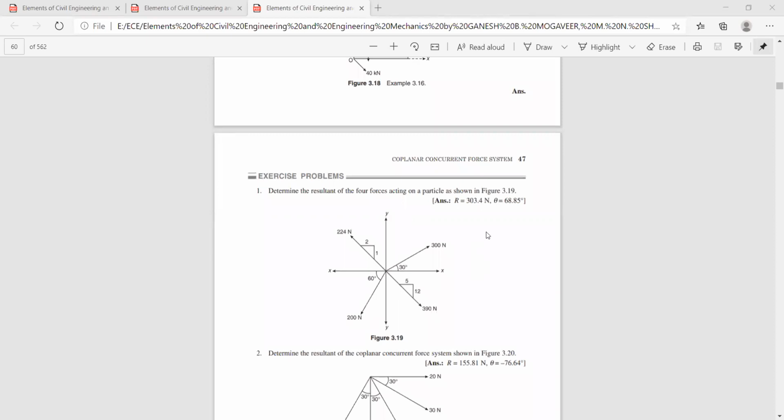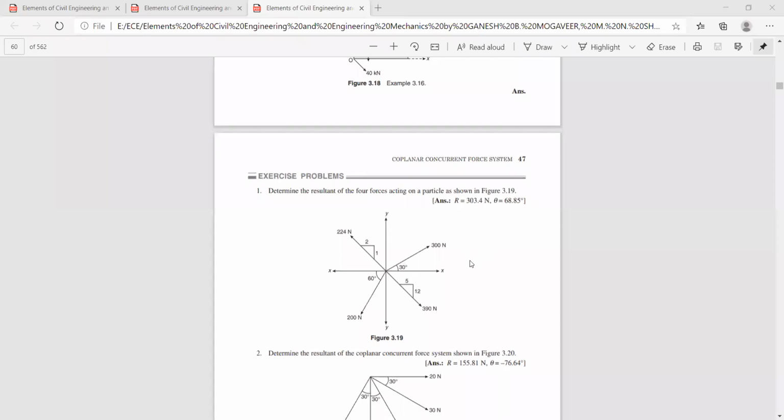Now sigma f of x is equal to plus 300 cos 30 minus 224 cos 26.56 minus 200 cos 60 plus 390 cos, how much is this angle? 67.38.